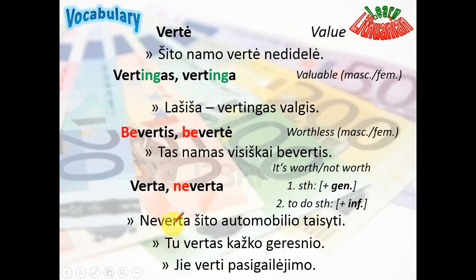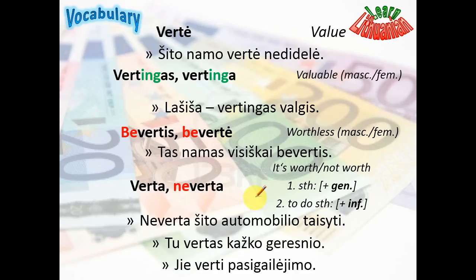Well, why is this genitive, you may ask? Šito automobilio, not šitą automobilį. Why is it not accusative? Because if you use a negative verb or a negative adverb, I'm sorry, this is a neuter adjective, but it doesn't matter here.